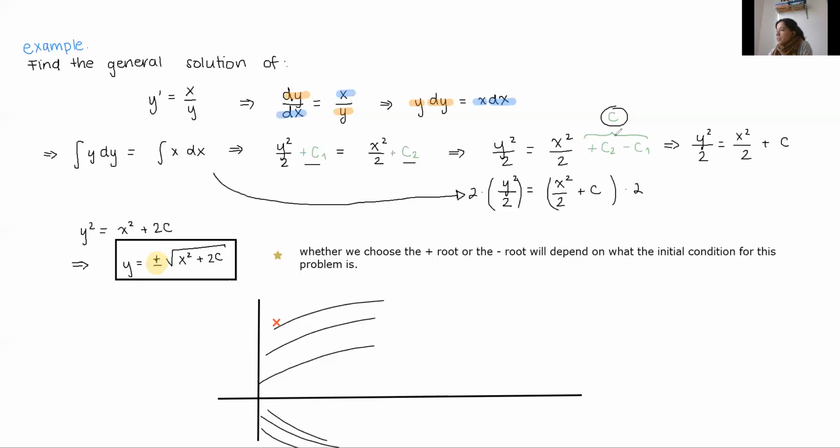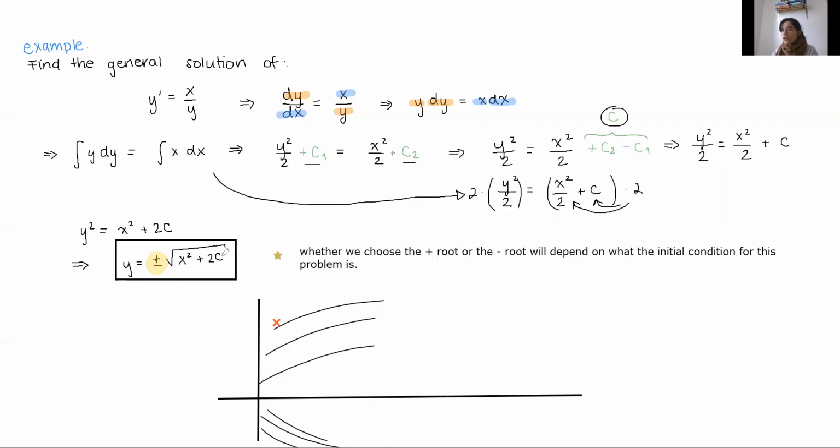Shine, you also have your hand up. Yeah, so when the 2 on the right-hand side multiplies onto x squared divided by 2 plus c, if c is an arbitrary value, then why doesn't it just become just another c? Does it have to be 2c?